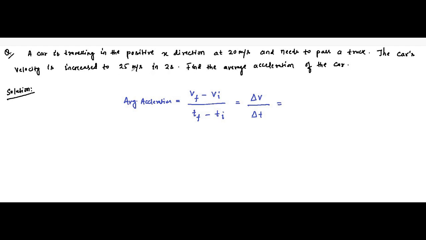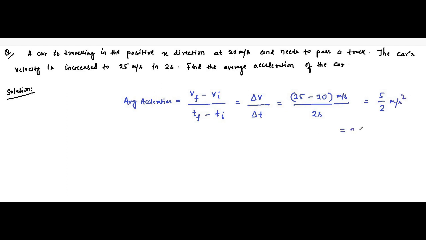Here the final velocity is 25 meters per second. Initial velocity is 20 meters per second. And this increase in velocity happens within a time interval of 2 seconds. So delta t is 2 seconds. So here it is 5 by 2 meters per second squared.